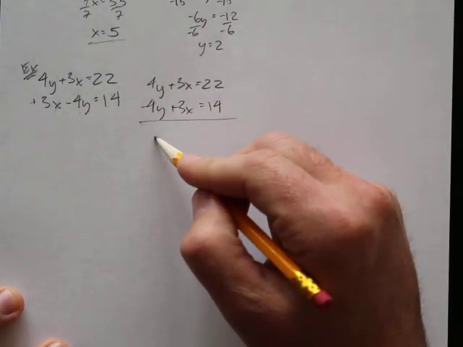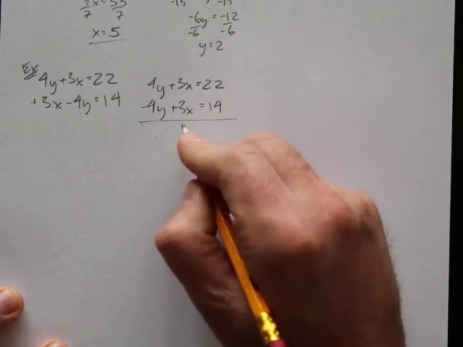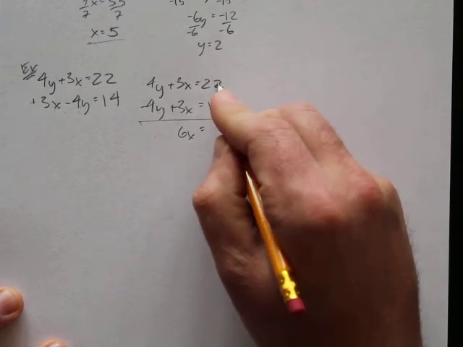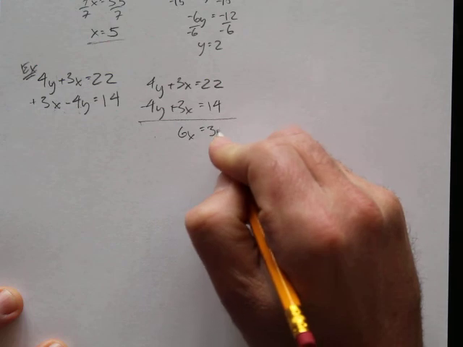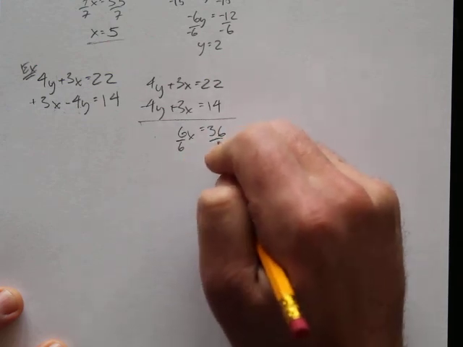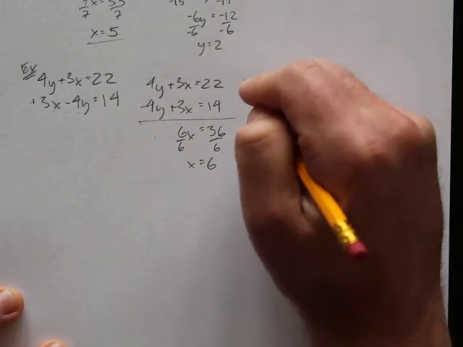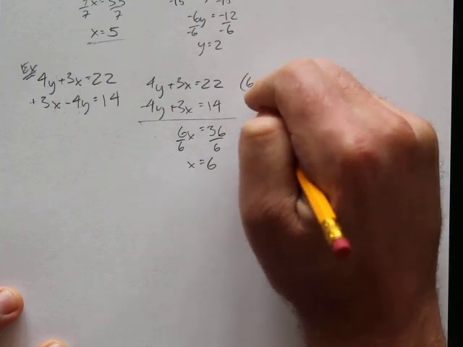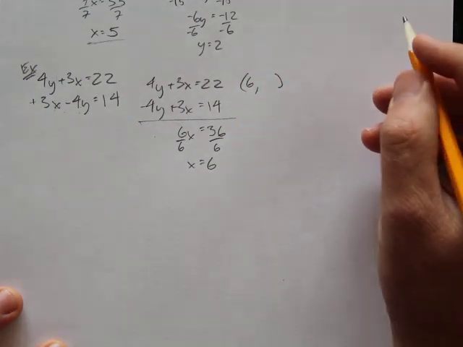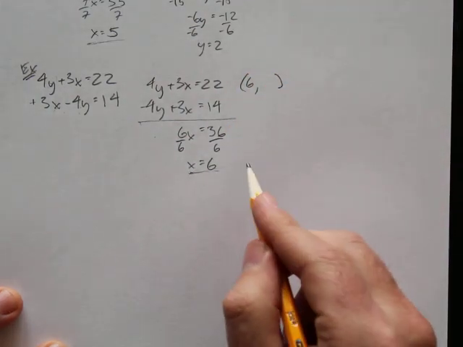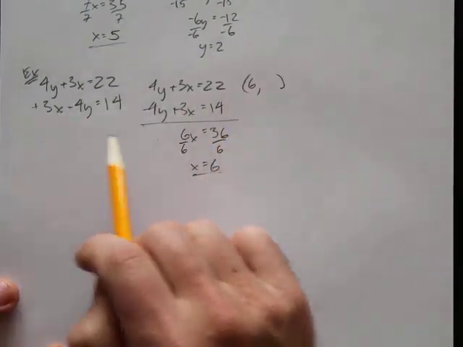4y minus 4y is 0. 3x plus 3x is 6x. 22 plus 14 is 36. Divide both sides by 6. X equals 6. My x value is 6. Now I just need my y value. Plug this into one of these equations here.